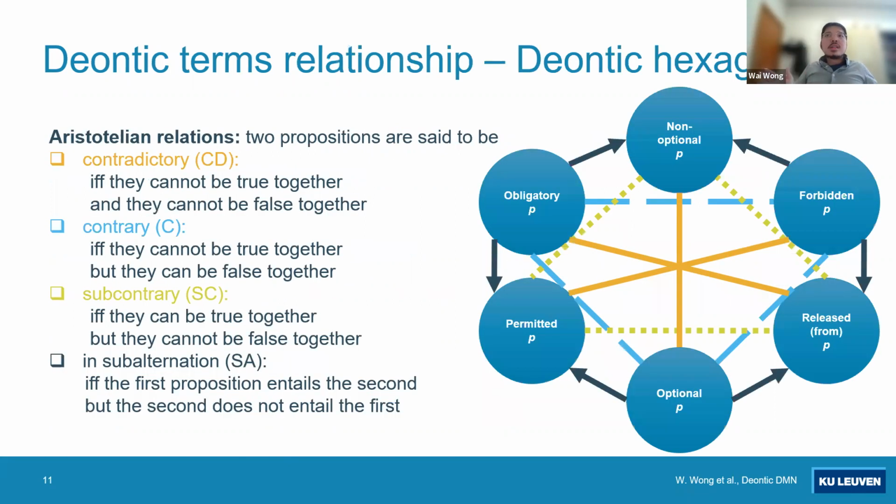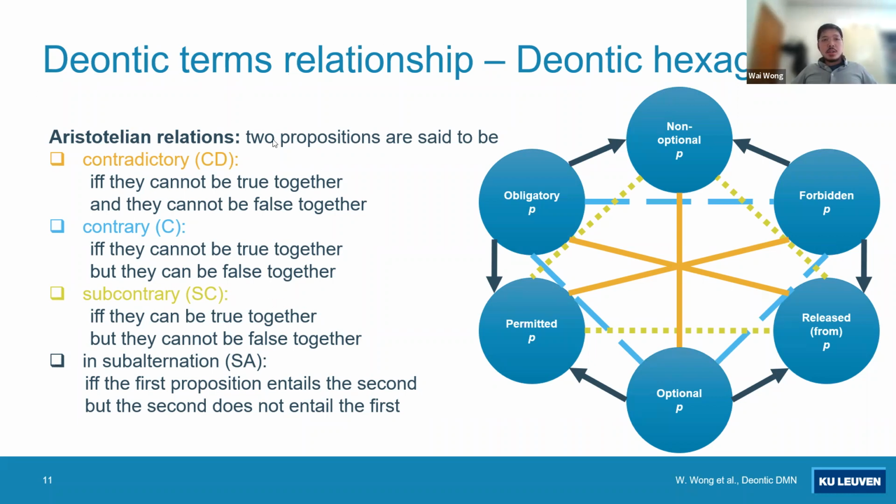Because of these issues, we are coming back now. We need to look at the relationship between the different deontic terms. Very luckily for us, philosophers and logicians have been studying this relationship for hundreds of years, if not thousands.